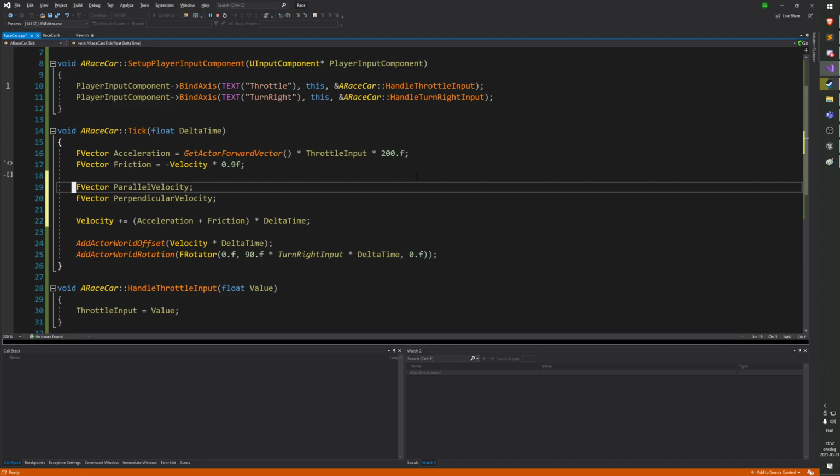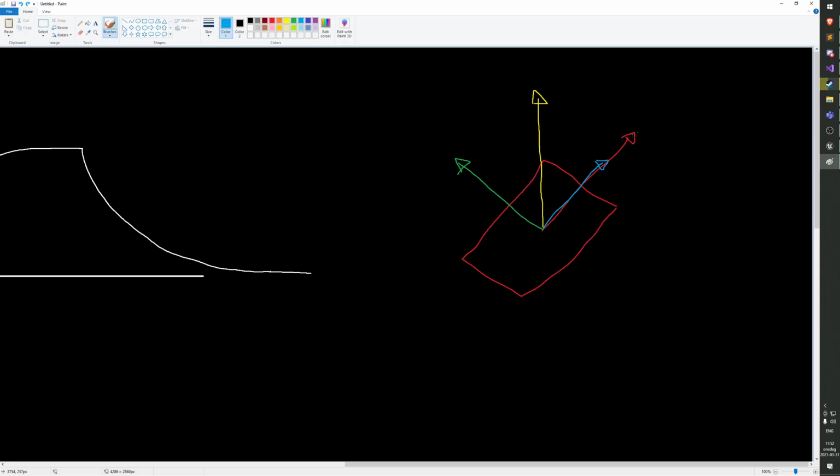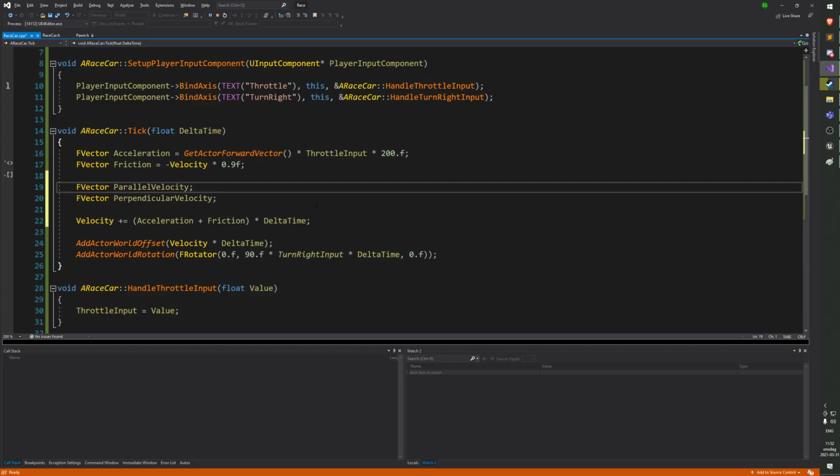Cool. So to do that, we want to get the vector that's alongside our forward vector to get the parallel velocity. And luckily there's a very nice helper function for that.